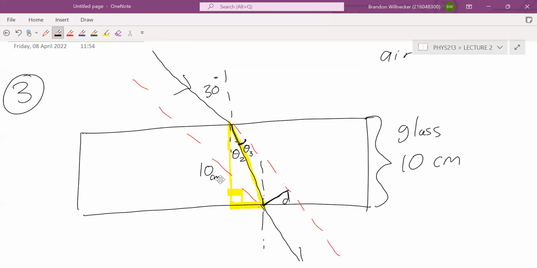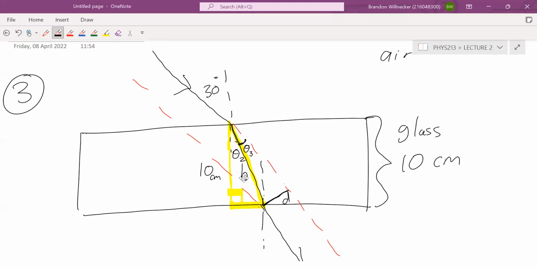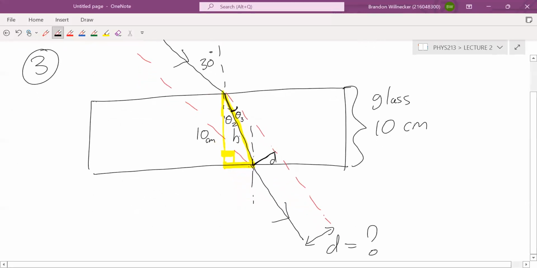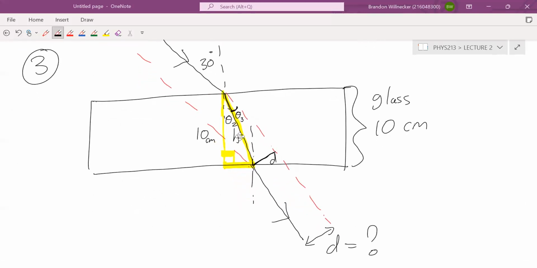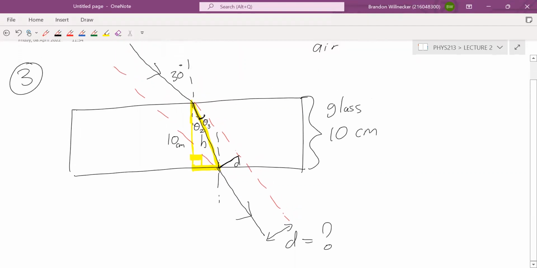The hypotenuse, we don't know what that is, so let's just call it h. And the opposite, we don't know what that is, but we don't really need it. What we want to do is calculate this hypotenuse h. Once we have this hypotenuse h, we can then calculate d. So a little bit of trig: h cos theta 2 is going to be 10 centimeters.